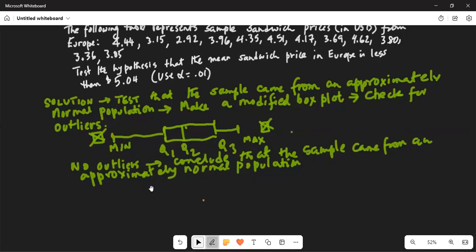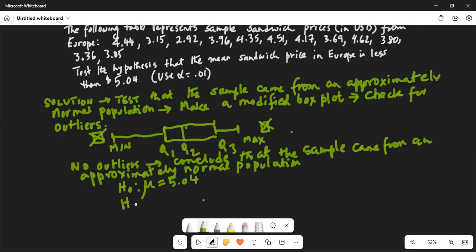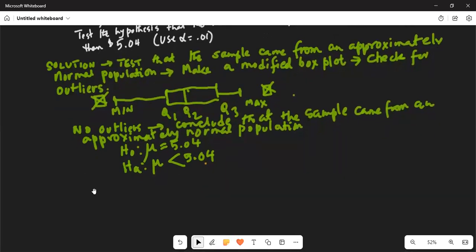Okay. So let's write our null hypothesis: H sub 0 is mu equal to 5.04, and the alternate H sub A is mu less than 5.04. Since we do not know the population standard deviation, therefore we will do a t-test.